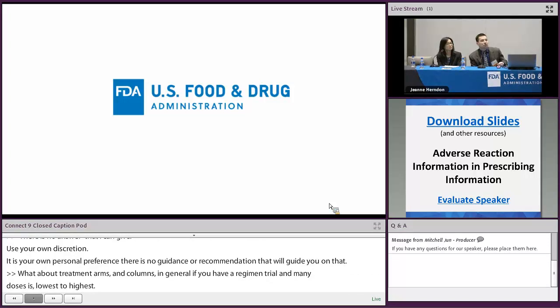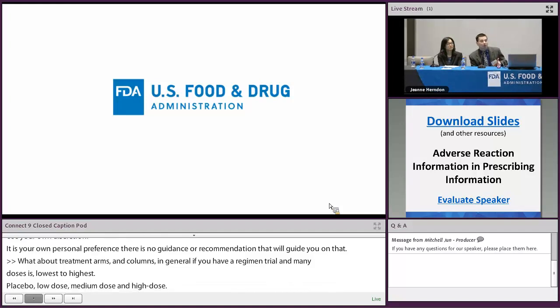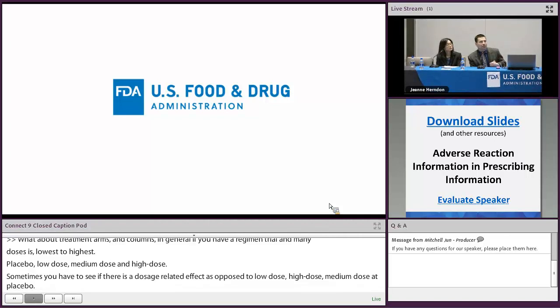That way you can read to see if there's a dosage-related effect, as opposed to low dose, high dose, medium dose, placebo, which is more difficult to read. So think about ordering the columns with respect to reading to see if it's a dosage-related effect. Assuming that both dosages are approved.